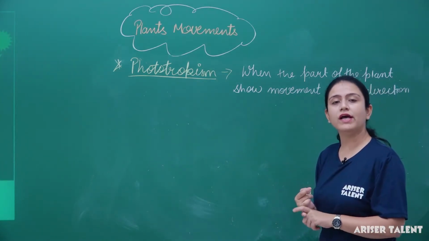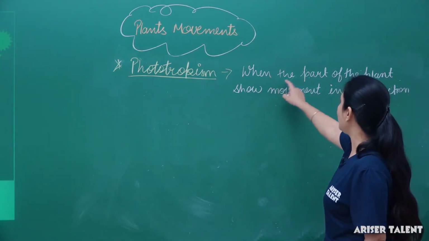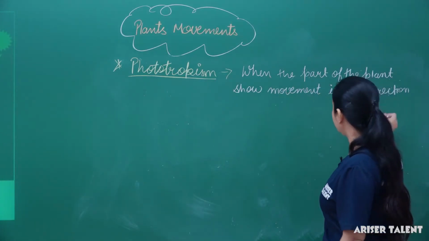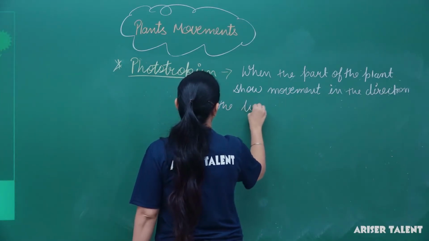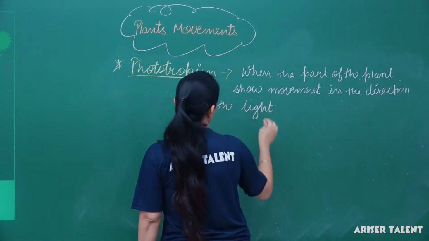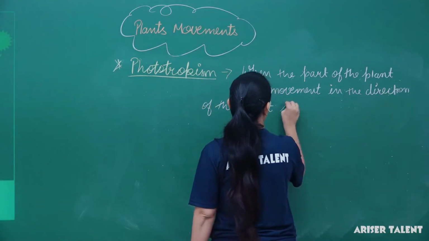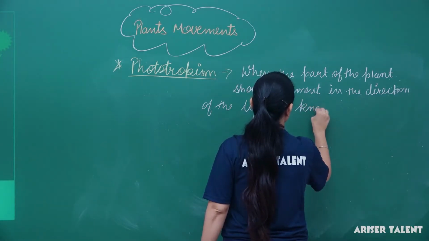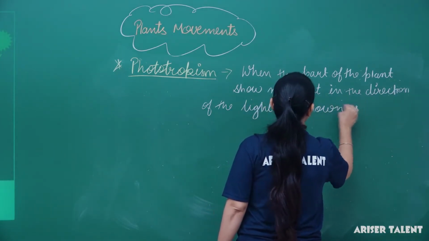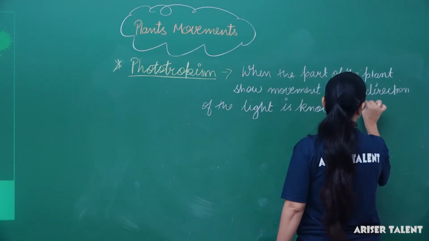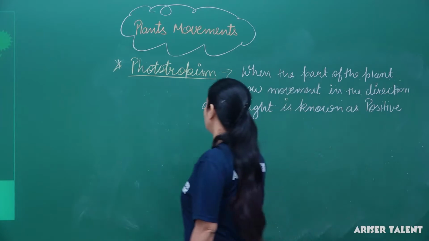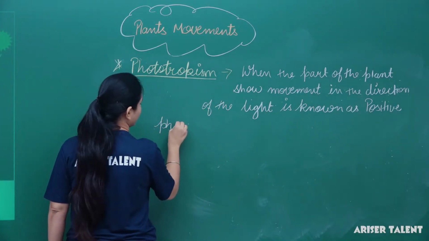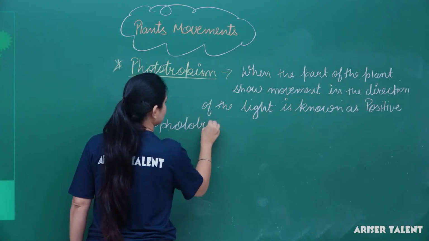One is positive and another is negative. So when the part of the plant shows movement in the direction of the light, that is known as positive phototropism.